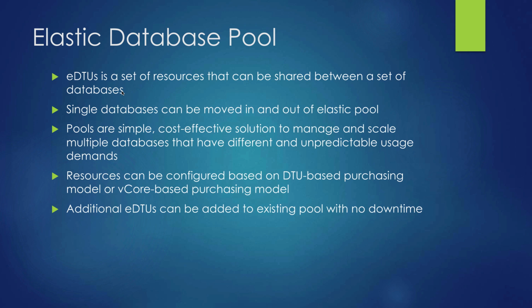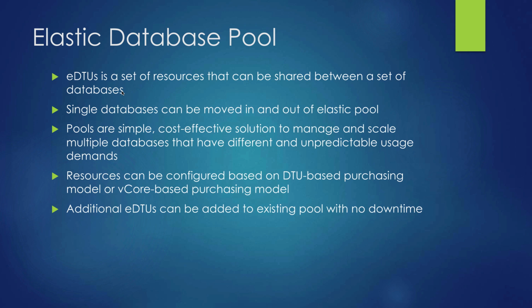So now let's talk about Elastic Database Pool. An Elastic Database Pool is a collection of databases with a shared set of resources managed via a database server. The eDTU is similar to DTU, but eDTU is a shared set of resources that can be shared between databases. You can add single databases to the Elastic Pool, or you can remove them.